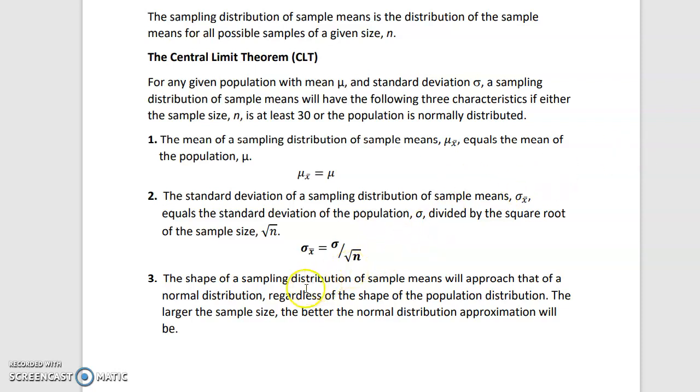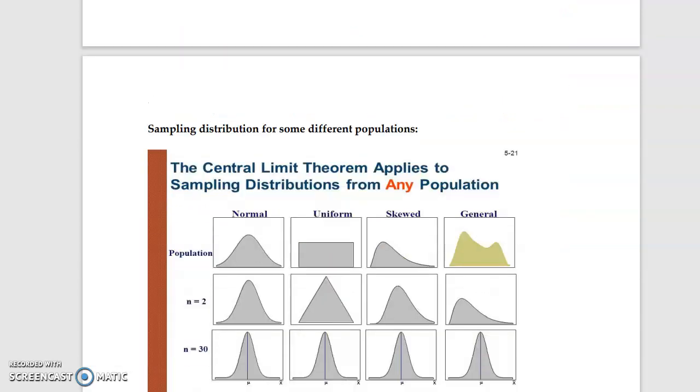And then number 3 tells us about the shape. Number 3 says the shape of the sampling distribution, that's the green distribution, should approach that of a normal distribution. Well, in both cases, we had pretty close to a normal distribution. So now let's look at this chart we have here.